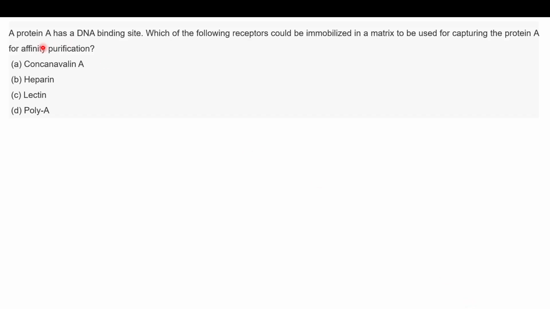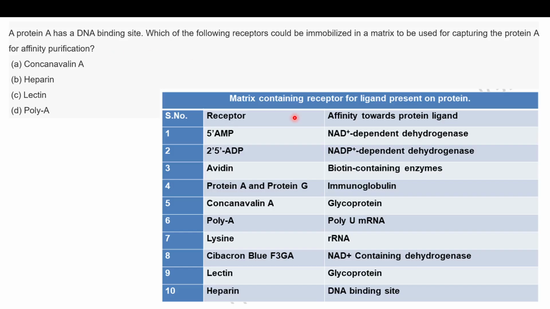Now, protein A has a DNA binding site. Which of the following receptors can be immobilized in a matrix to be used for capturing protein A for affinity purification? If the receptor is 5' AMP, it shows affinity towards NAD plus dependent dehydrogenases. Avidin shows affinity towards biotin containing enzymes. Protein A or protein G have specificity towards immunoglobulins.